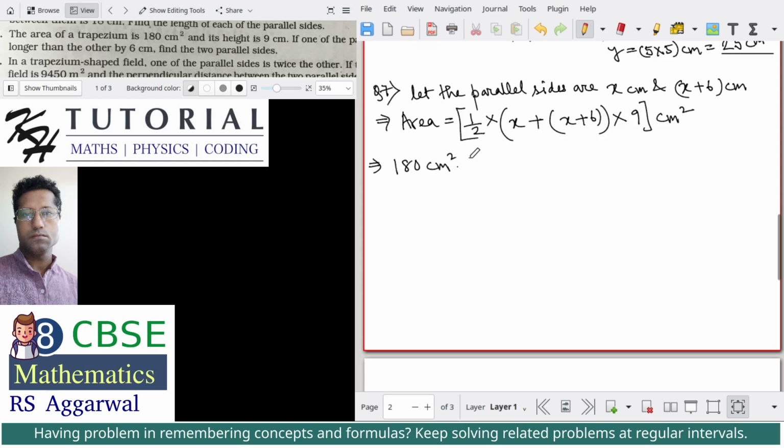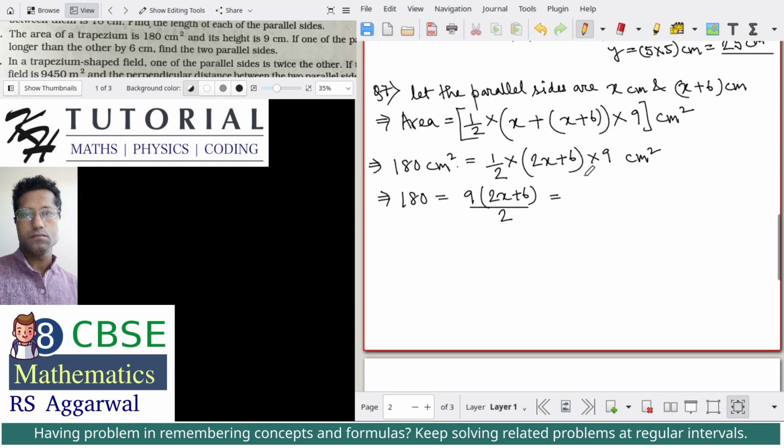So we have 180 centimeter square is equal to half multiplied by x plus x plus 6, which is 2x plus 6, multiplied by 9 centimeter square. Ignoring the units, we have 180 is equal to 9 multiplied by 2x plus 6 divided by 2.